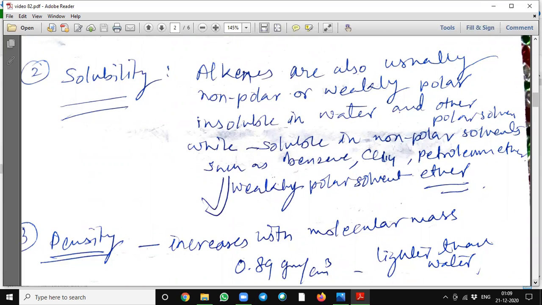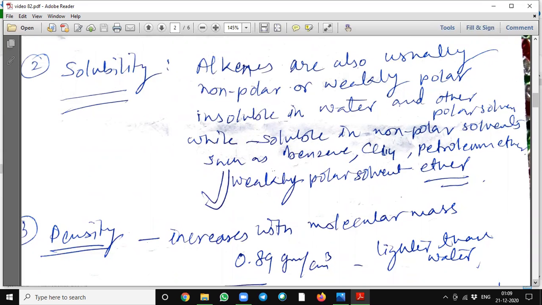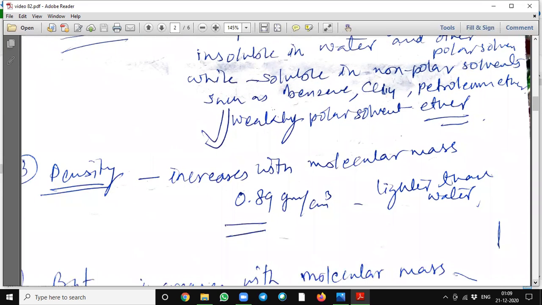Solubility. Alkenes are non-polar or weakly polar, insoluble in water and other polar solvents, while soluble in non-polar solvents such as benzene, carbon tetrachloride, petroleum ether, and weakly polar solvents like ether.